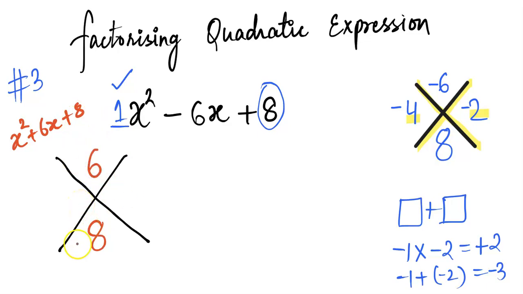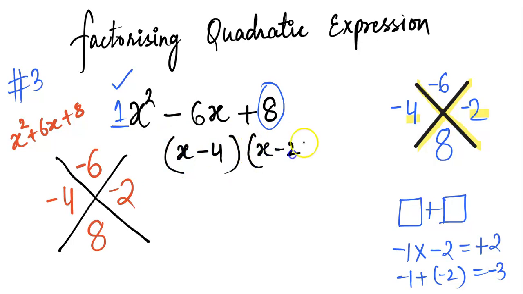Which two numbers multiply to give you 8 and add to give you 6? You can very easily locate that. Now if you add a negative sign there, just make both the numbers negative. So the final answer is going to be x minus 4 and x minus 2. This is your final answer.